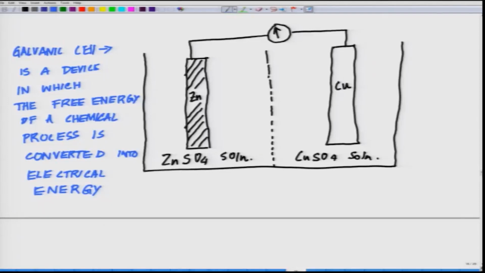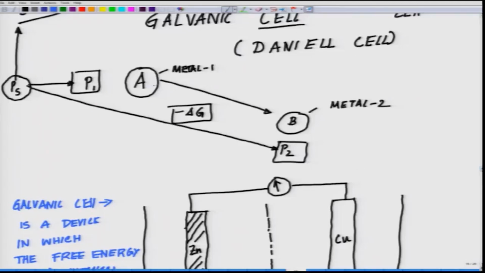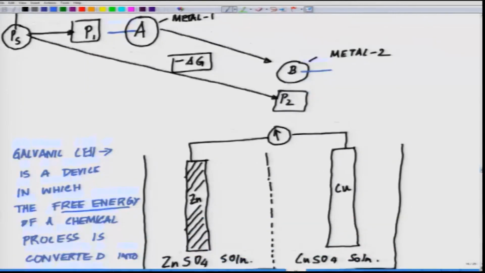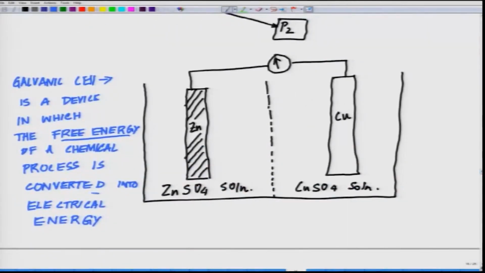In other words, here is a situation where metal A and metal B are sitting at different energy levels, and the free energy change of a chemical process from A to B is converted into electrical energy. So, this is what a cell talks about.